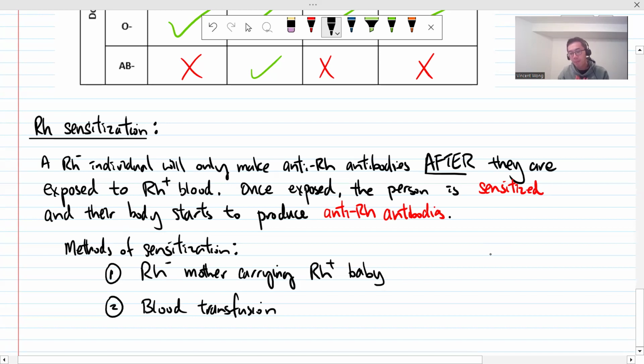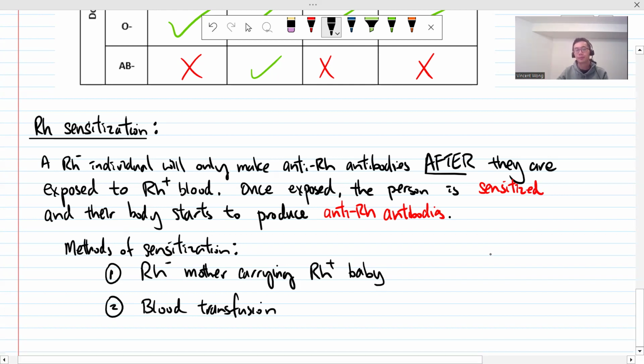If I had not been exposed to positive blood previously, then I don't have anti-Rh antibodies in my system, and so I can receive positive blood once. Make sense? Once that happened, then I won't be able to do it for a second time. If I get it a second time in the future, it won't work because I already produced the antibodies, right?